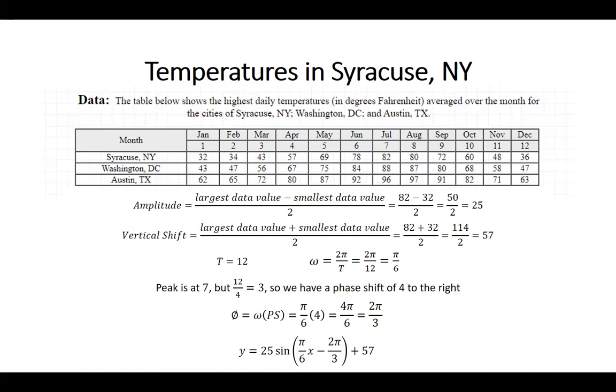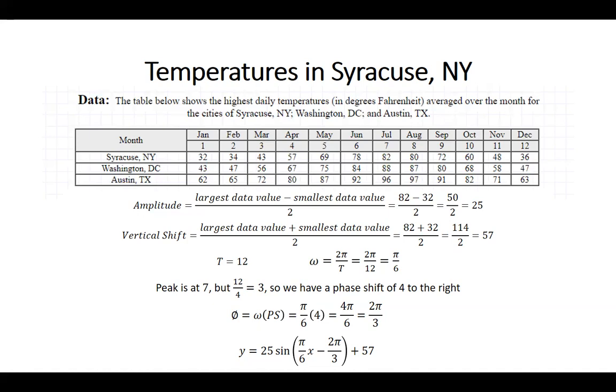Determine the period of your data. Use that to find omega. Find where the peak is and where you'd expect to see it in a sine function. The difference between those is going to be your phase shift. Your phase shift times omega is going to give you phi, and then plug it into the equation.